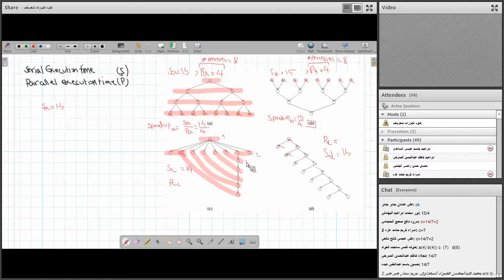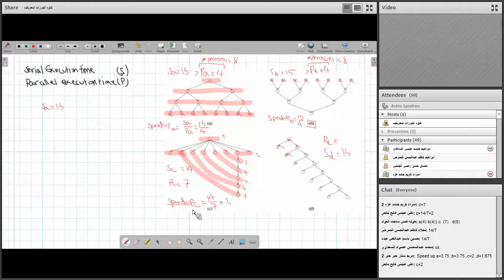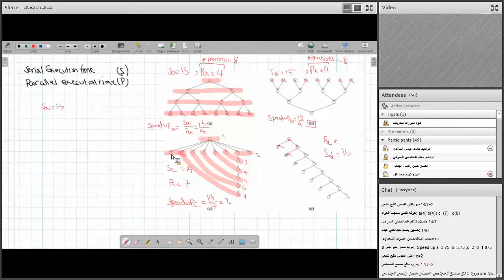PC equals 7. Speed up C is 14 over 7 equals 2. How many processes are needed? The maximum number is 1, 2, 3, or this number.